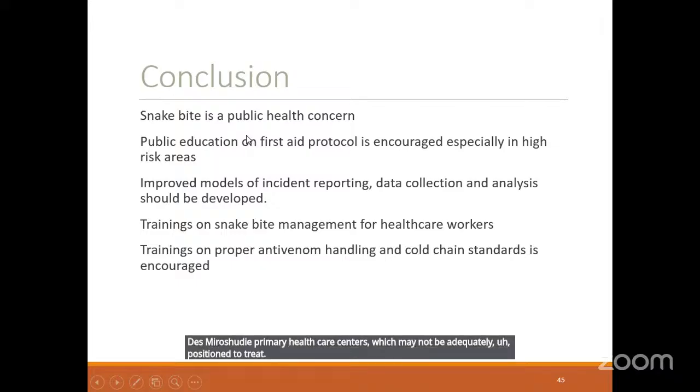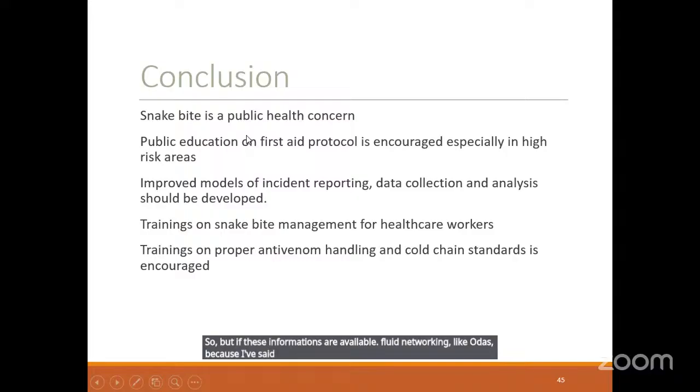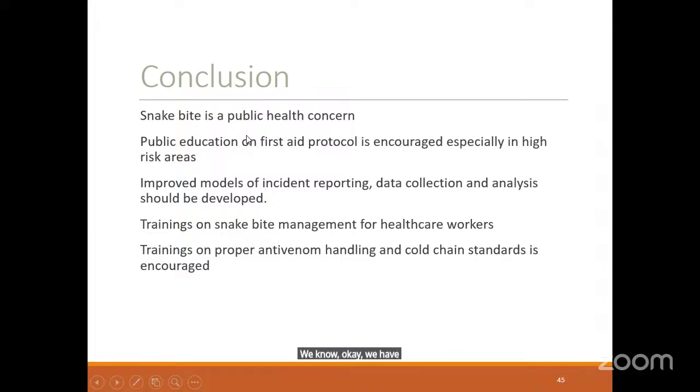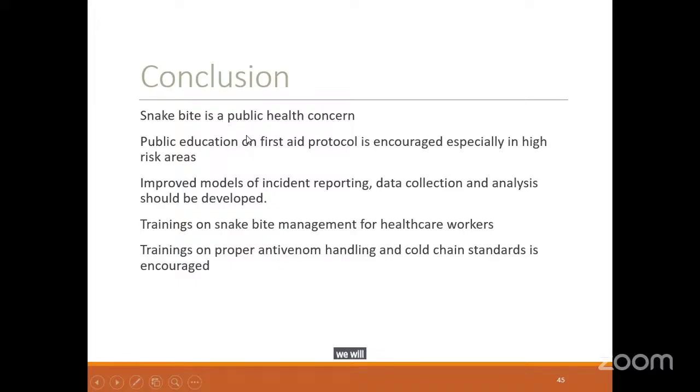But if this information is available with networking, like other speakers have said, we'll be able to coordinate it, and with the pattern, we know, okay, we have an average of so many bites per period, and maybe spikes in certain periods. With that kind of information, we will be able to put things together and know how to prepare adequately.